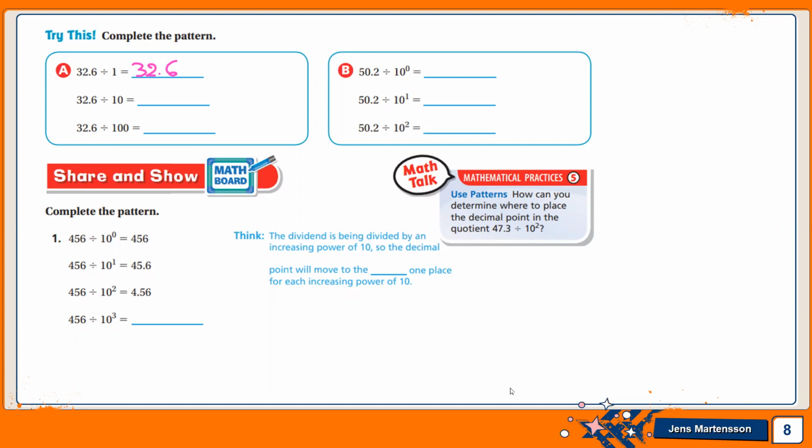Dina. Yes, Dina. 32.6 divide by 10. First of all, what do you have to do? You have to move it to the right or to the left? Dividing to where?